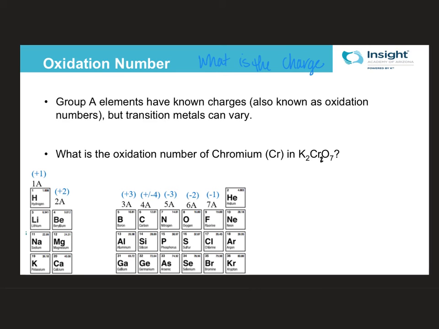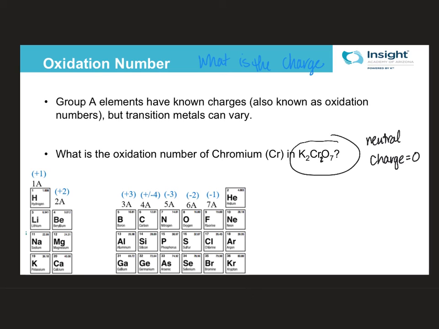So for example, this compound K2Cr2O7, you might be asked, what is the oxidation number of chromium? Just one of the Cr's. Overall, there's no charge written on this formula, so this is neutral, which means the charge is 0 when you combine all the element charges together.